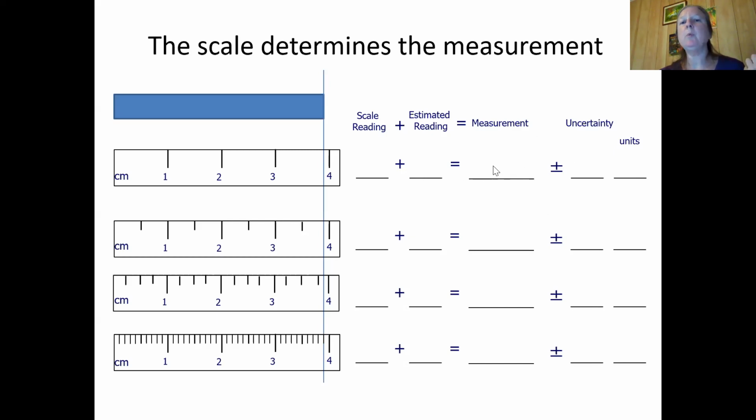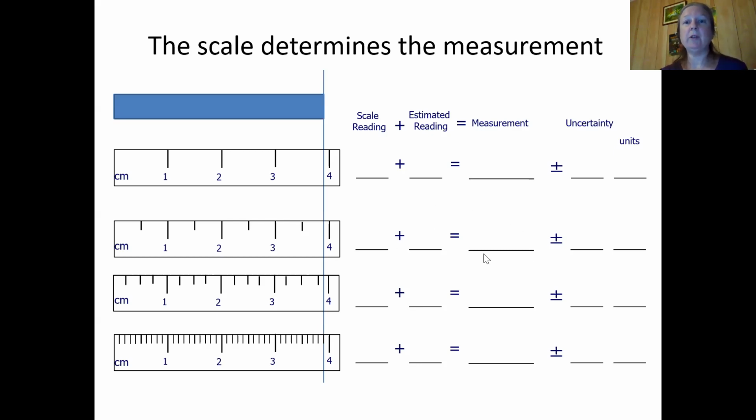So I'm going to say 3.7 plus or minus 0.1 centimeters. Now, I'm just going to jump down to here. This would be, we'll look at it. Major is 1 centimeter minus a 0.5. So your uncertainty would be 0.05 centimeters, and your reading has to be with 2 decimal places, so 3.85 centimeters.